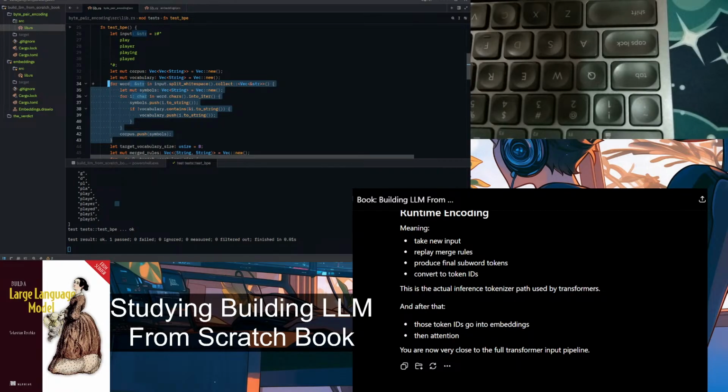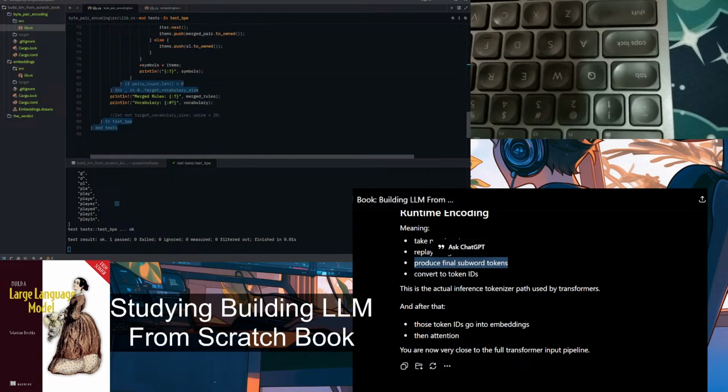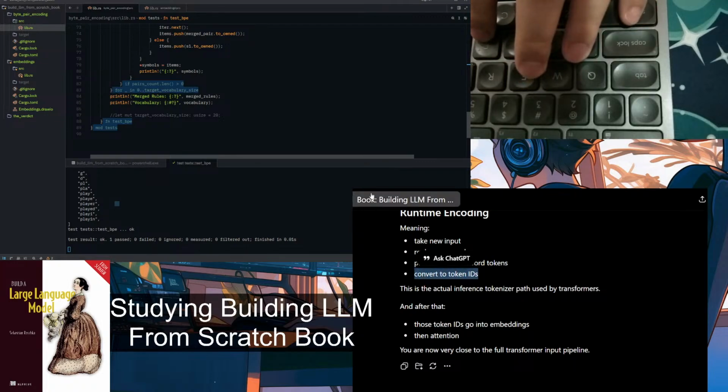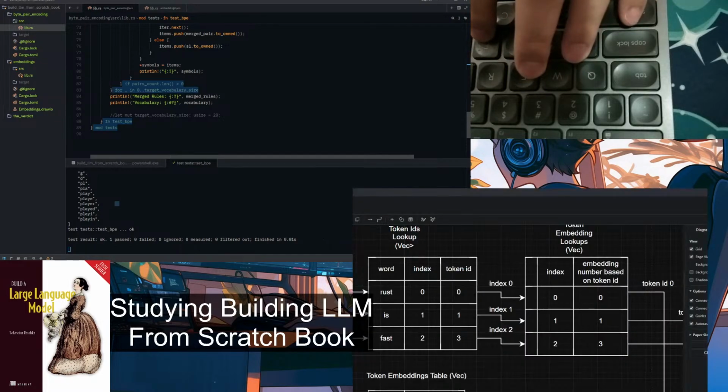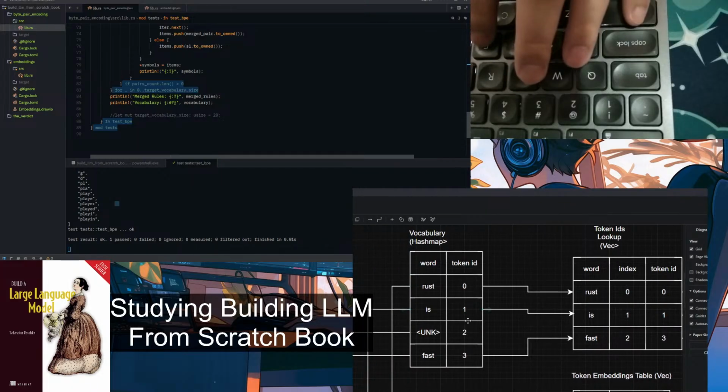Okay, now this goes to embeddings. So take new input, replay merge rules, done. Get the final subword tokens, done. So this is the vocabulary. Then I just need to convert it to tokens, which I'm going to do. They will just become token IDs.